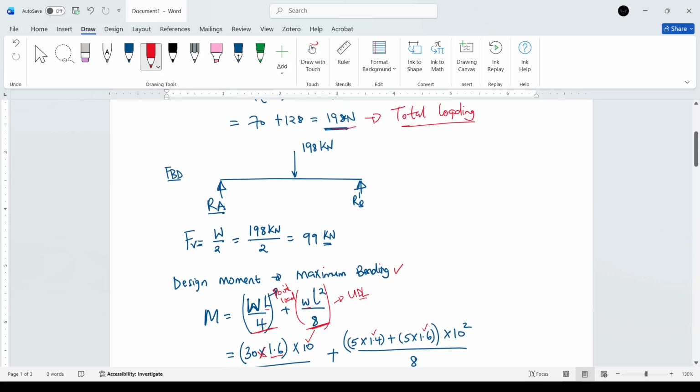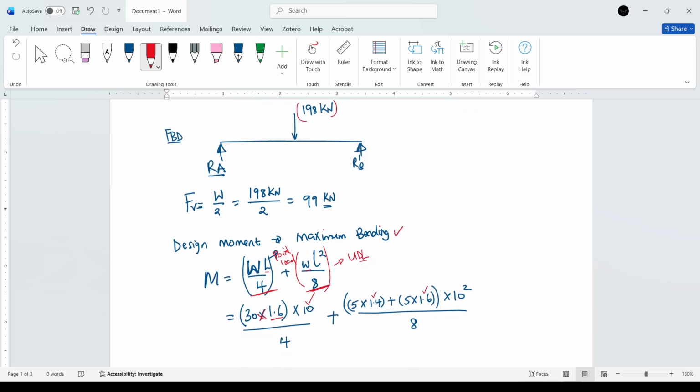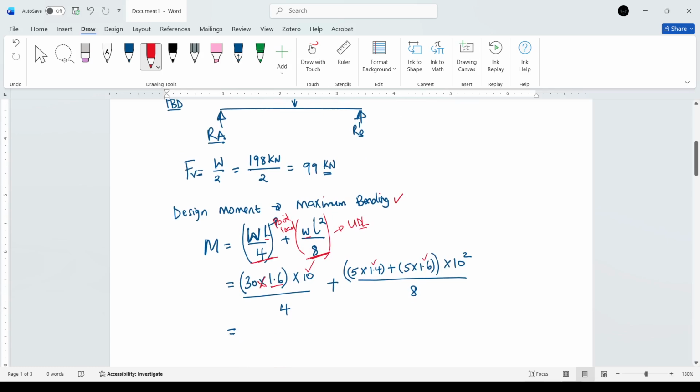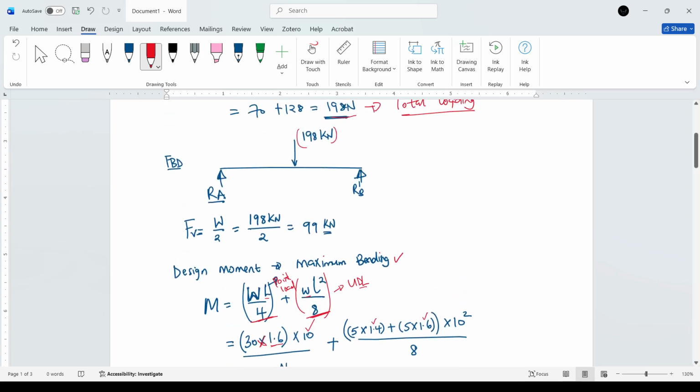Tukitumia 198, in other words, we are saying all of them are a point load, which is not the truth. So you have to factor them as they are. This was just for us to obtain the shear force, because shear force is experienced as it is.